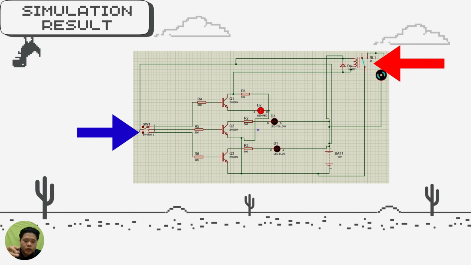For the last condition, at the high condition, if the water is full, the transistor at the high turns on, and the red LED turns on, and the valve and the relay are turned off. We can see the switch at the relay at the red arrow turned off to the other side.